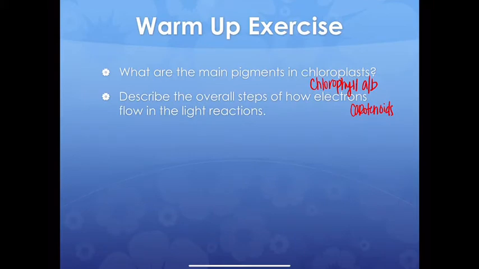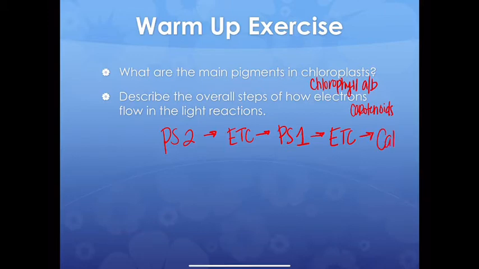Okay. Describe the overall steps of how the electrons flow in the light reactions. I'm going to come back to this in just a moment because I really want to draw a big diagram for it. But we'll say photosystem 2, electron transport chain, photosystem 1, and then another electron transport chain, and then Calvin cycle.